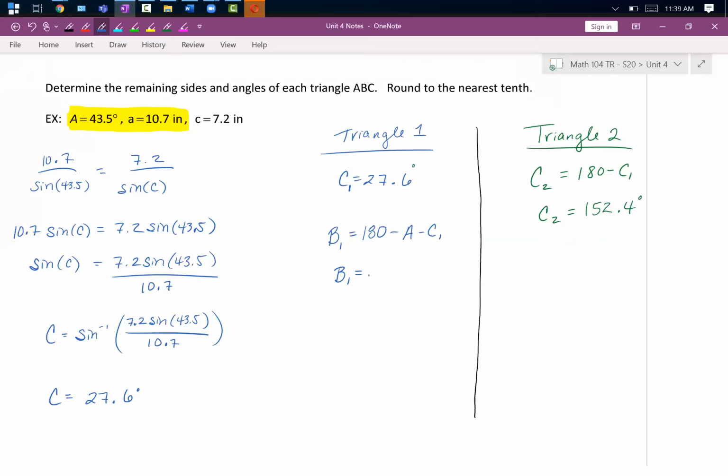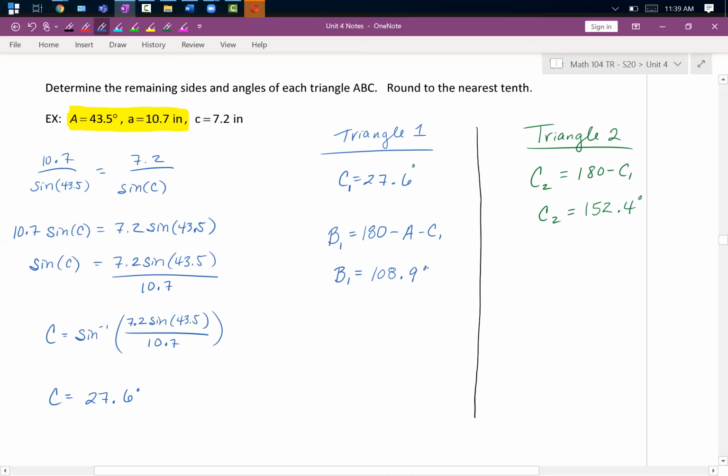That's just what it is. So what do we get for B1 here? 108.9 degrees.